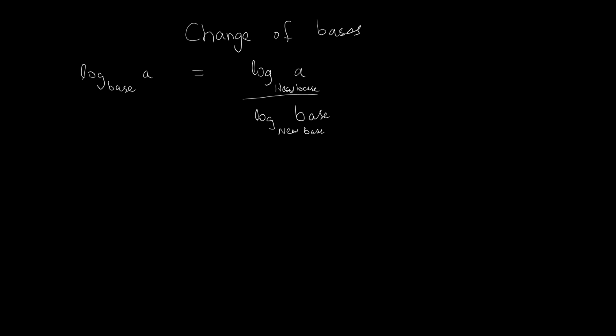Or you can make it a common log or a natural log. By the way, a natural log is the one where the base is e. So log base e of a would be a natural log. So for MCQs, it appears.